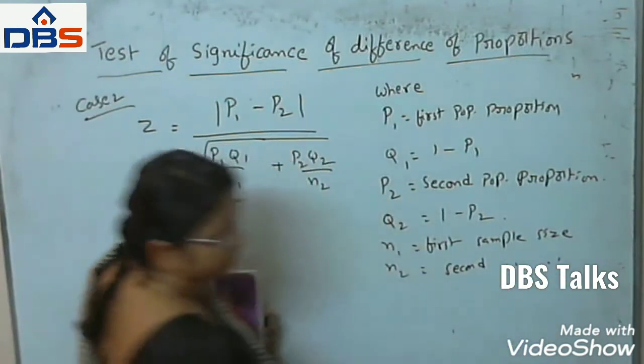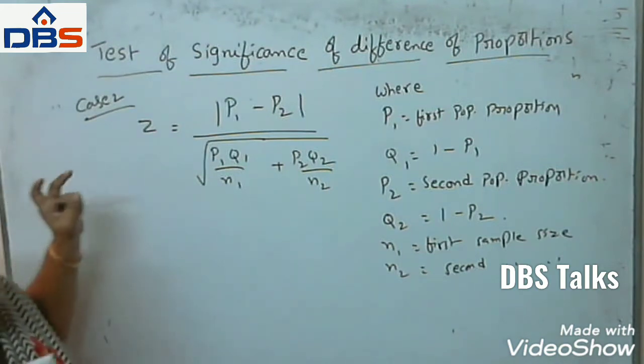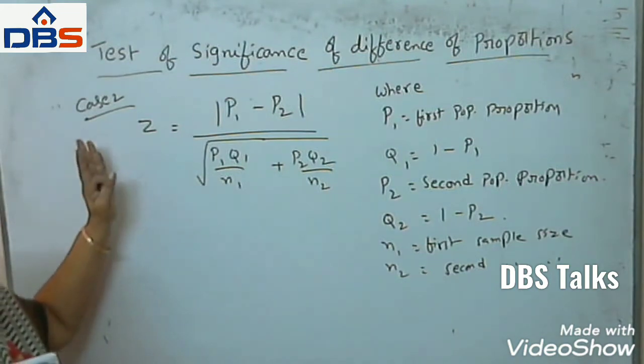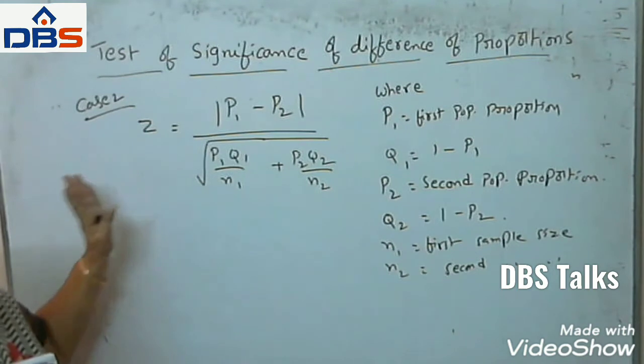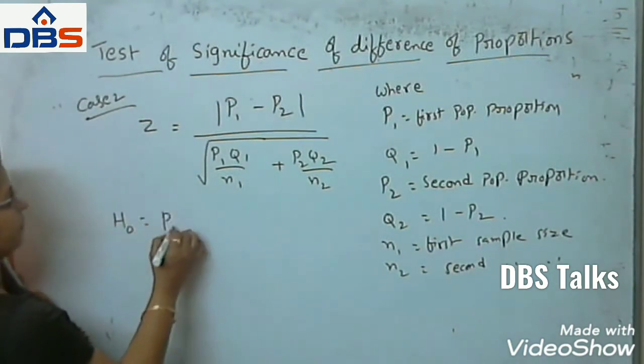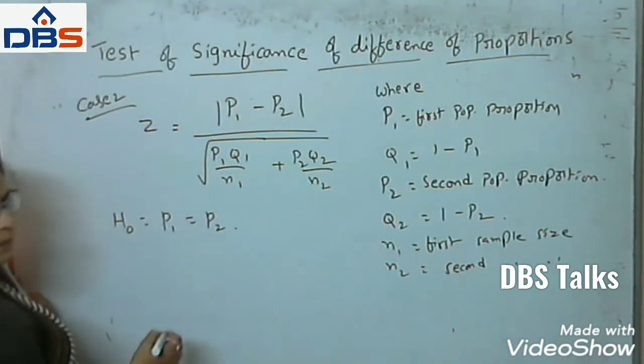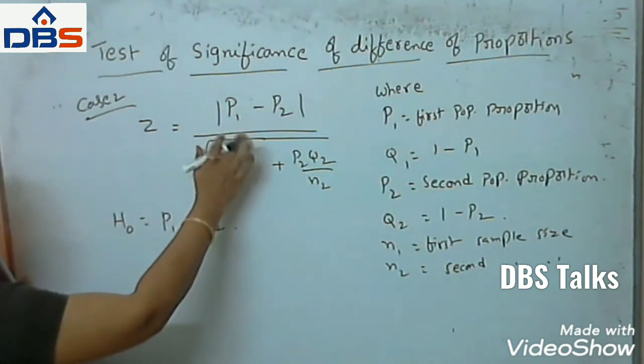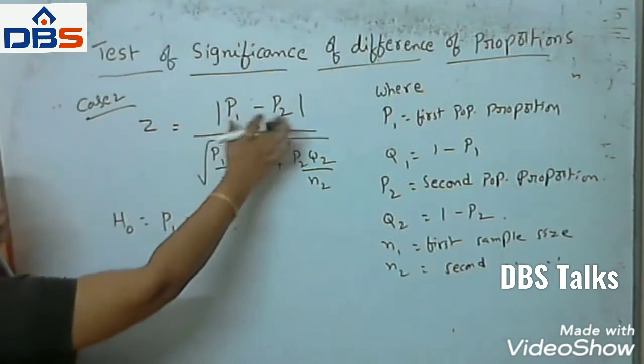In this case also, we are going to test whether the two proportions are equal or not. The H0 is P1 equal to P2, but here the population proportions P1 and P2 would be given.